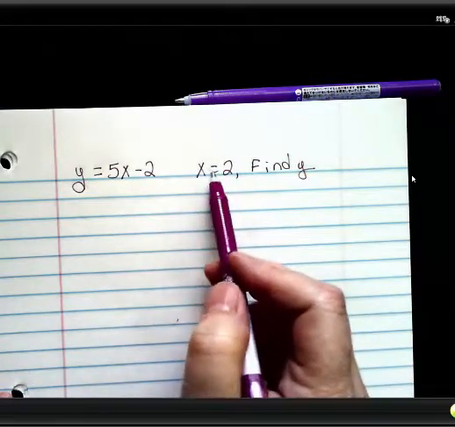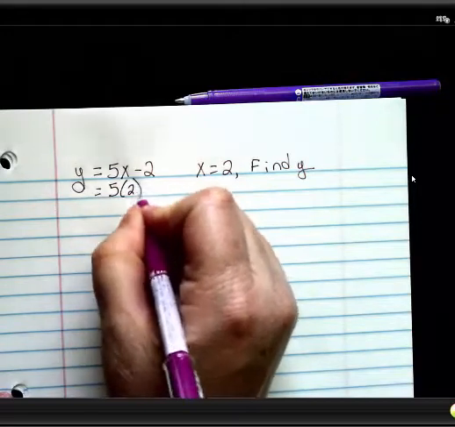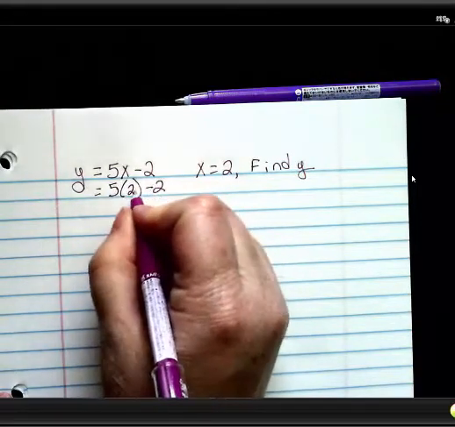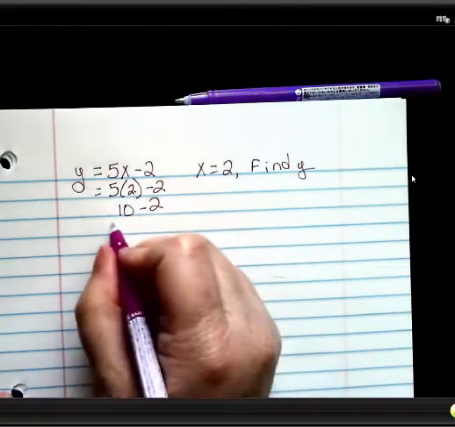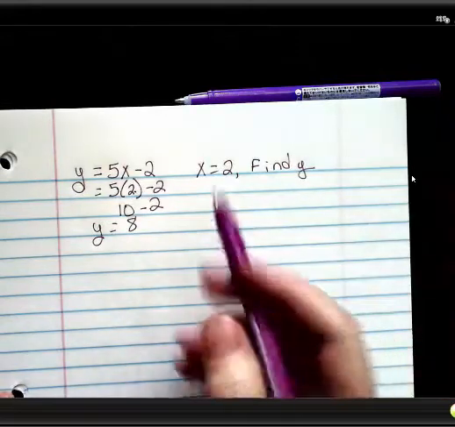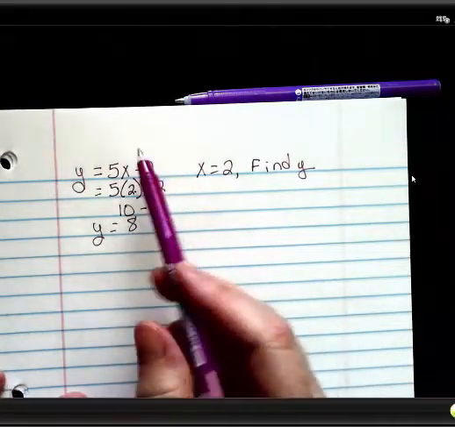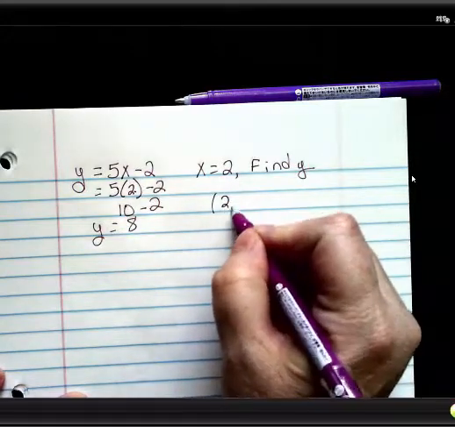I know x, so I'm going to plug in x. What's 5 times 2? What's 10 minus 2? So y equals 8. This way, I actually found a point that will cross this line. And that point is 2, 8.